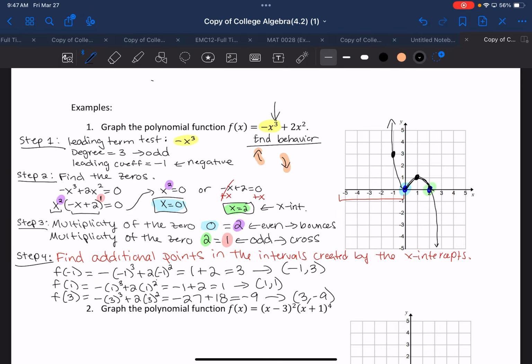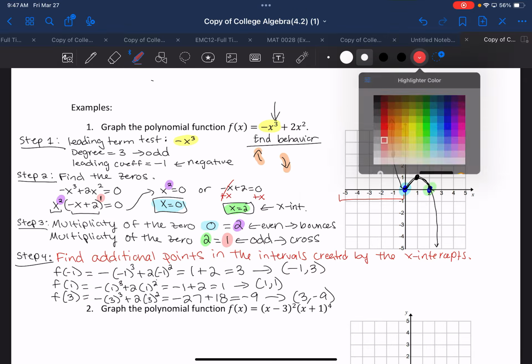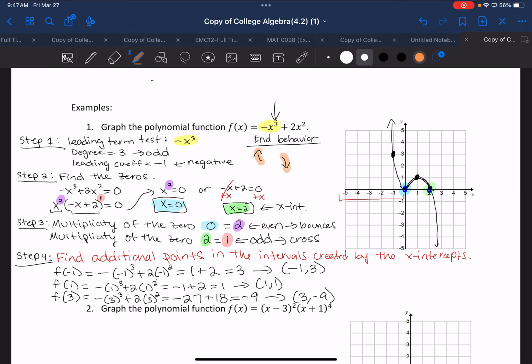I don't even really have to plot that point, but I'm still going to do that for my end behavior. Okay? So again, these are the most important techniques you can use to graph these things.